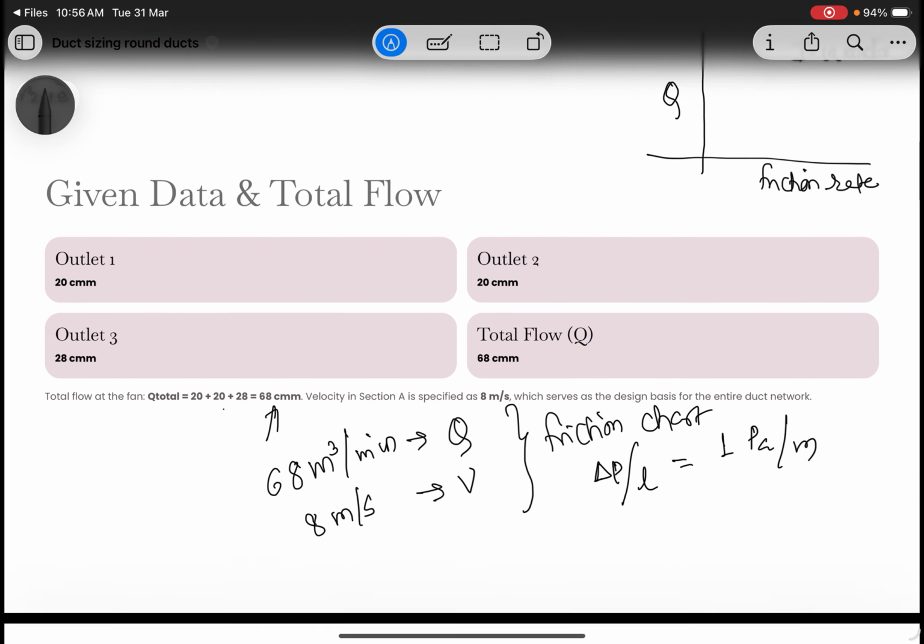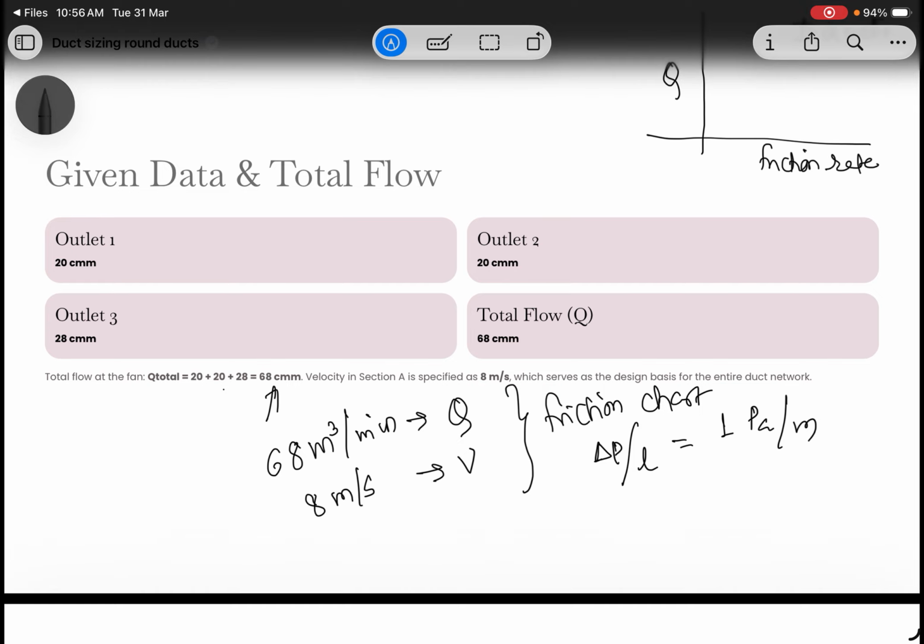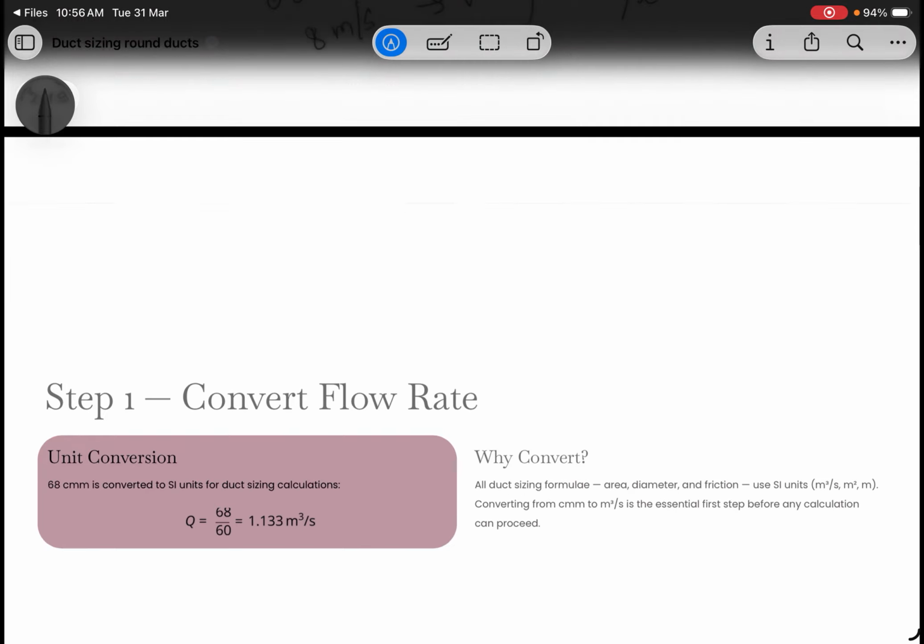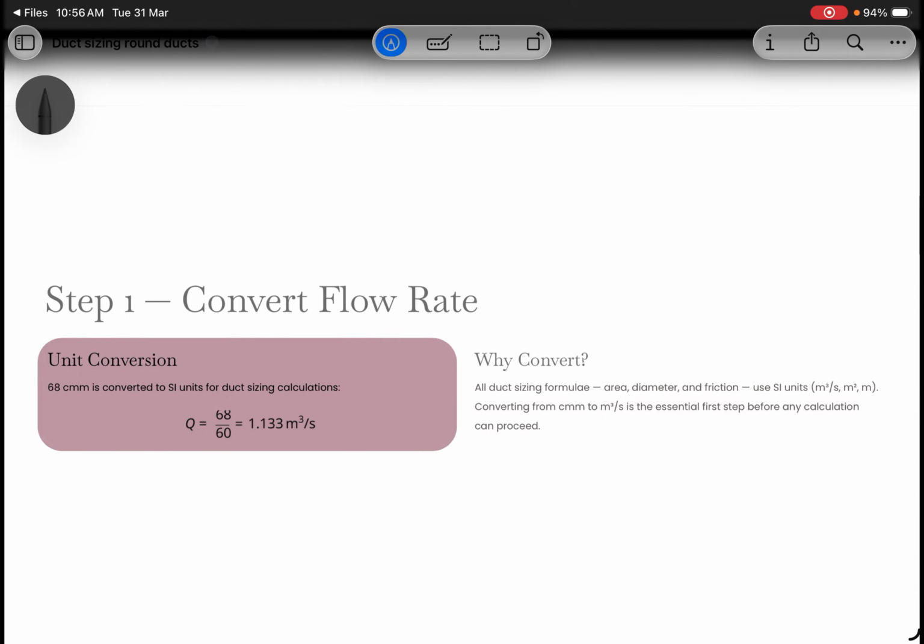Considering this friction chart, we can find the corresponding diameter. As I said, the friction chart could be in different units. One of the units could be liter per second, or the flow rates could be in meter cube per second. So you must be comfortable with the units, right?